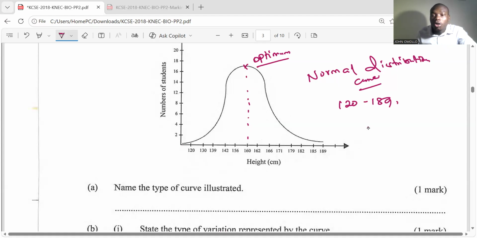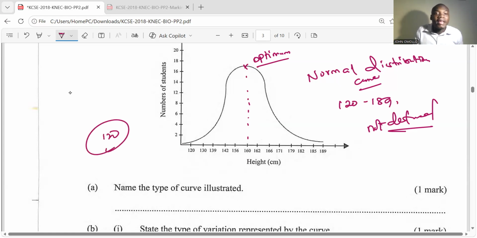So not defined. We cannot define that the number of students is just constant at 120. No, there is a range. There is a range from 120 to 189.